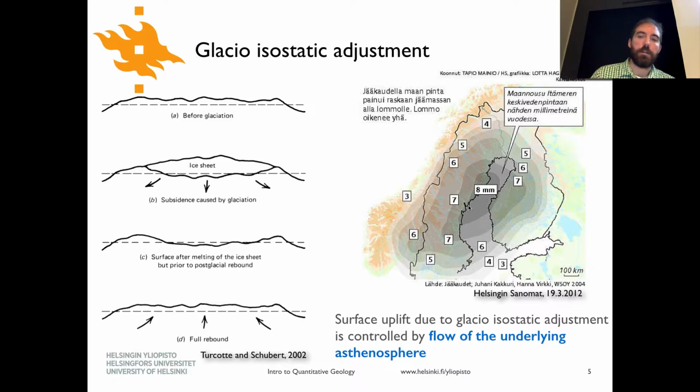This is a process that does affect people living here, and there's maybe 60 meters or so of uplift left to go before we're back to equilibrium, and that may still then put some of these places that are currently coastal in a position of being well inland from the coast. So it'll take a little while for that to happen, though. It's an exponential uplift, and it's going to take some time still before the last bit of uplift occurs.